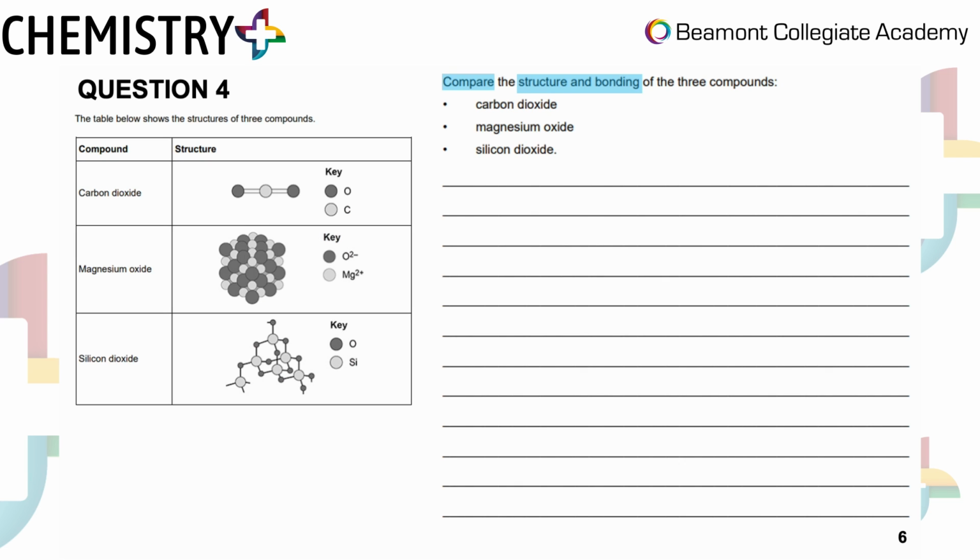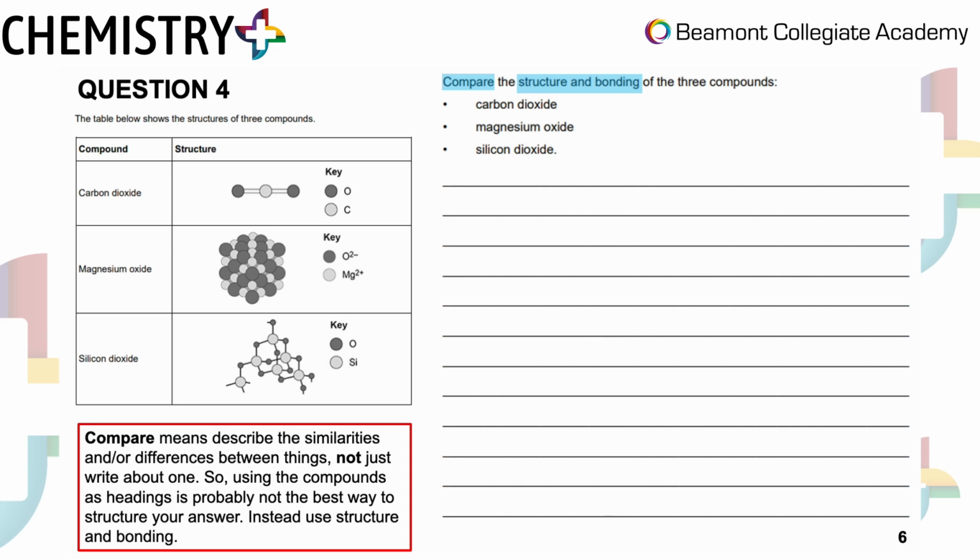Question 4. We've been provided with a table showing the structures of 3 compounds: carbon dioxide, magnesium oxide and silicon dioxide. For the question, compare the structure and bonding of the 3 compounds. When you come to a compare question, it means to talk about the similarities and differences, not just to write about one.